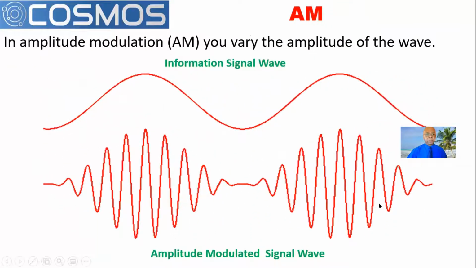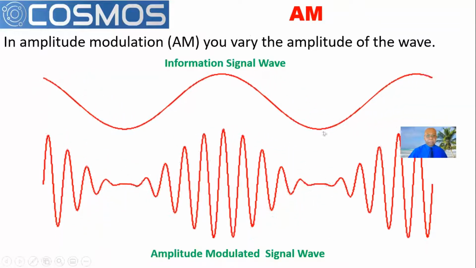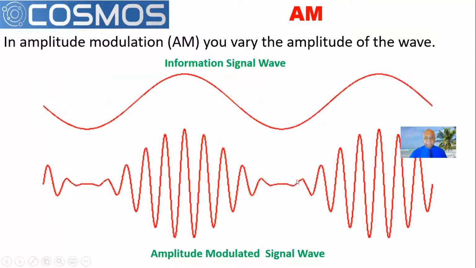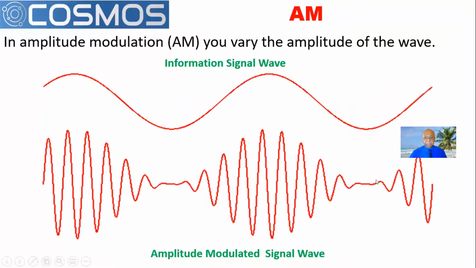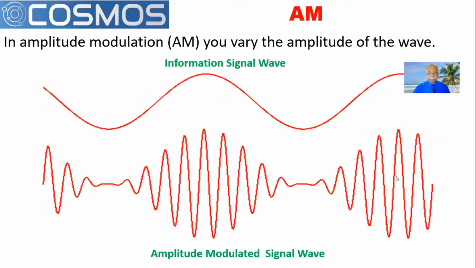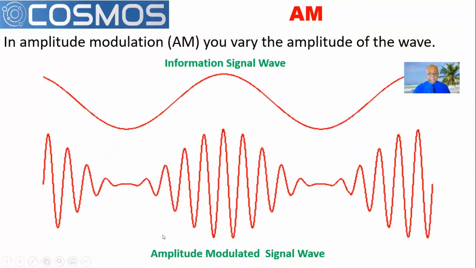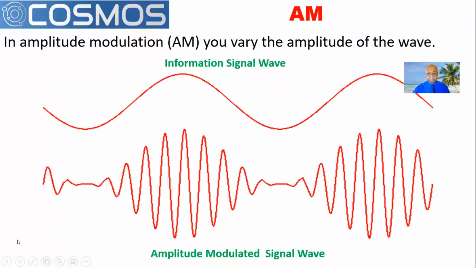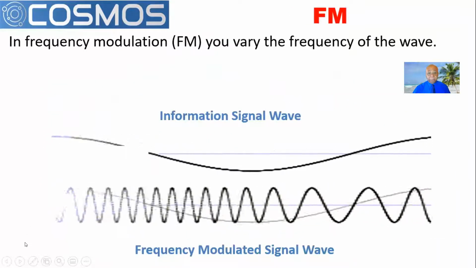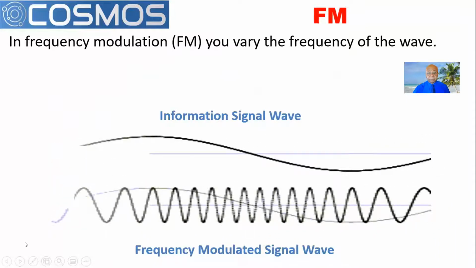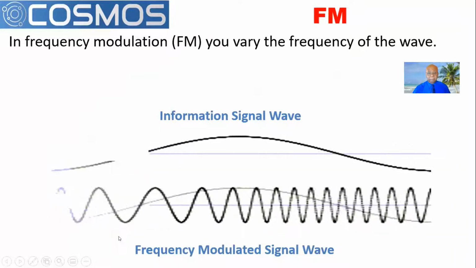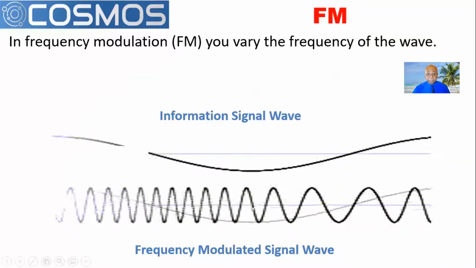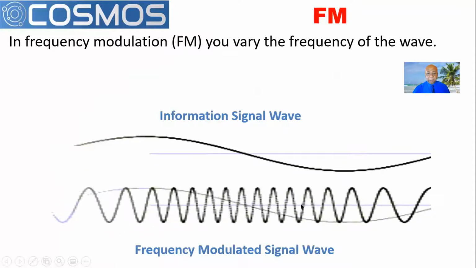Now this focuses on only amplitude modulation. You have the information signal at the top, and then you have the amplitude modulated wave at the bottom. Now, in frequency modulation, as you can see, the information signal wave is at the top, and then the frequency modulated wave is right there.